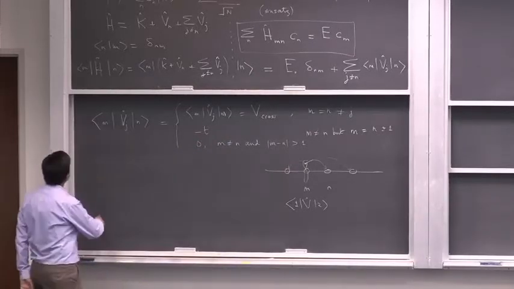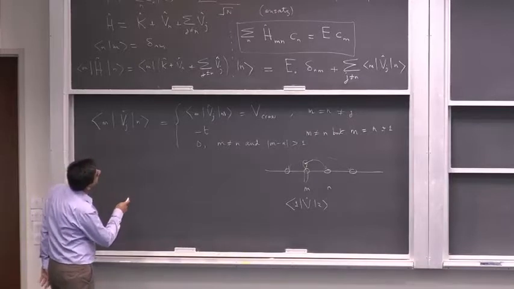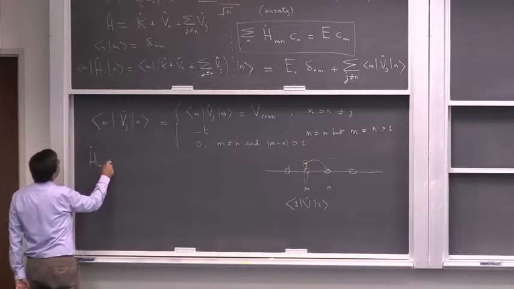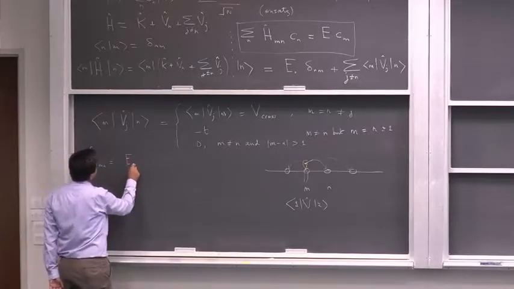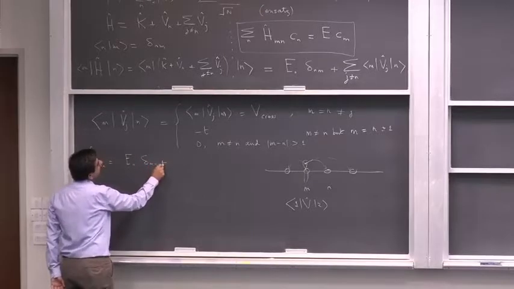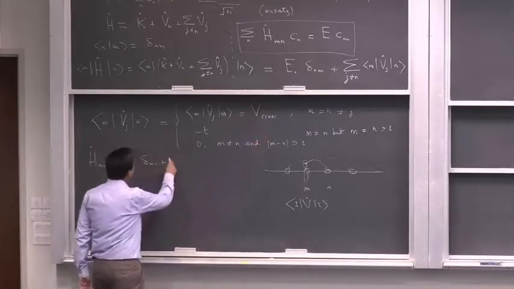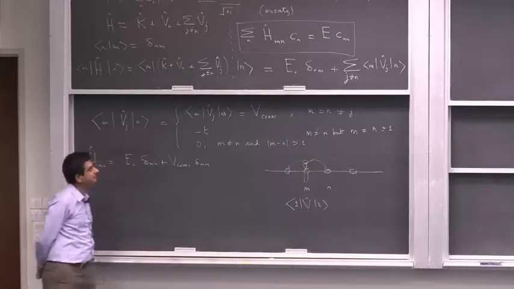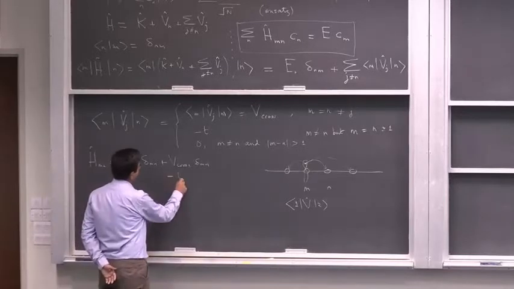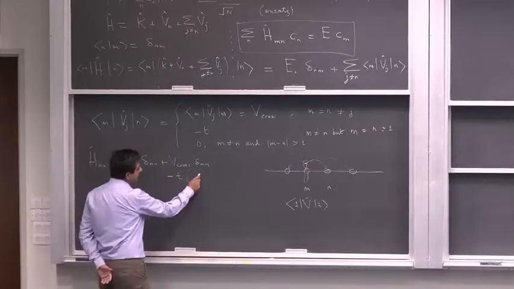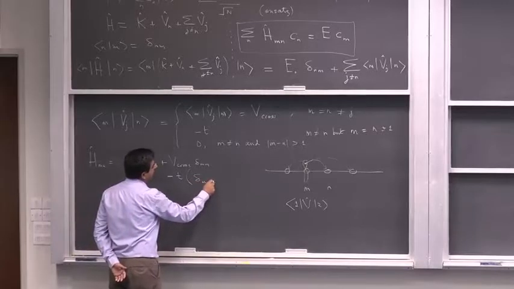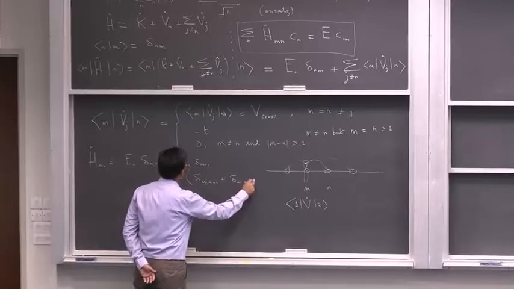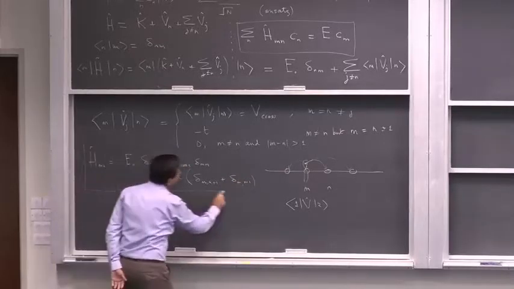Now under these constraints, the Hamiltonian H_mn, a particular term of the Hamiltonian, will become E naught delta mn plus this term V cross delta mn minus t delta m,n plus 1 plus delta m,n minus 1. So this is a term in my Hamiltonian.